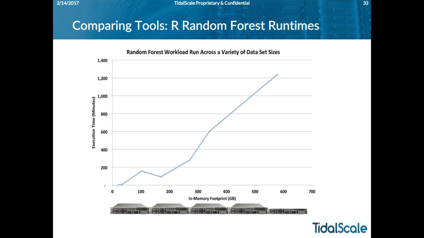Again, the more data you want to analyze, you just add some more server nodes to your cluster, your TidalScale pod, and you keep everything in memory. And so you continue to get, it takes longer. Obviously, the data set is bigger, but rather than it being an exponential or parametric curve falling off the memory cliff, you just get this nice near linear scale.